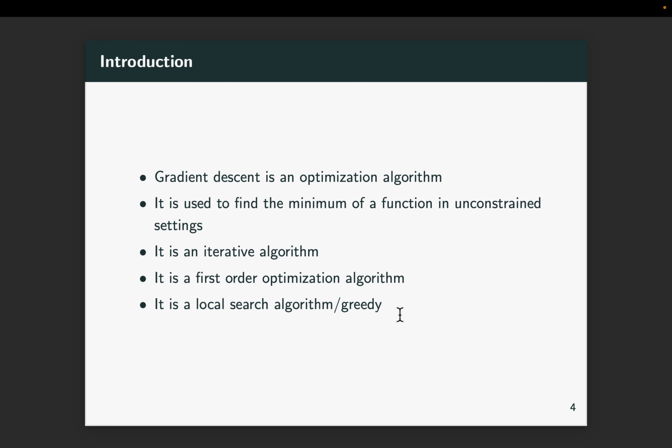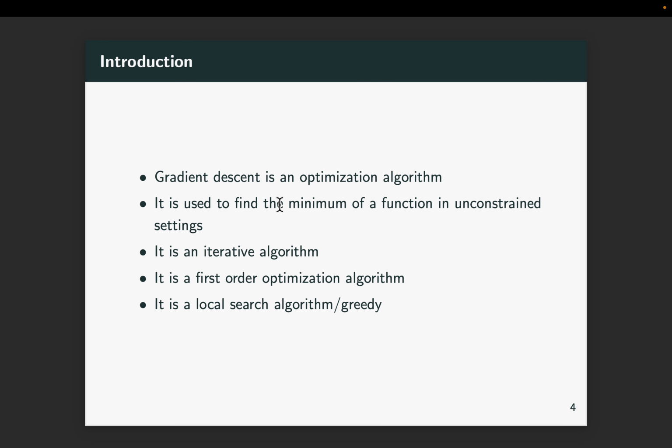Descent typically means going down. So this should give you an idea that we are changing the parameters of a function in a way that reduces the value of the function the quickest. We typically use it to find the minimum of some functions in unconstrained settings.